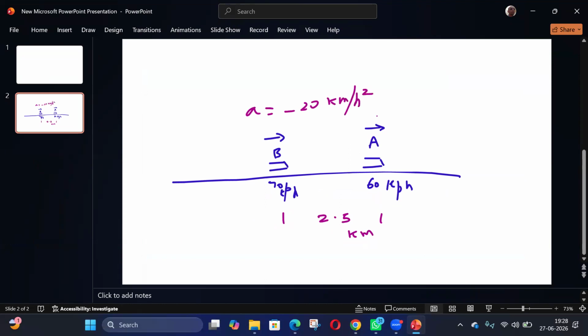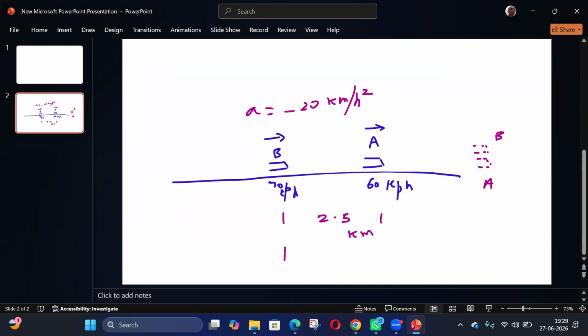So at some stage A would have come here, and at the same time B would have come here. That's possible because B has higher velocity, and even though deceleration is there, it has enough initial velocity to catch up.